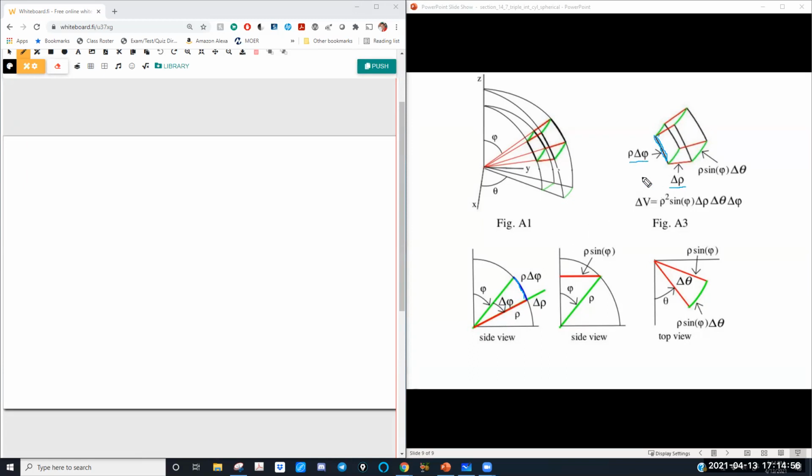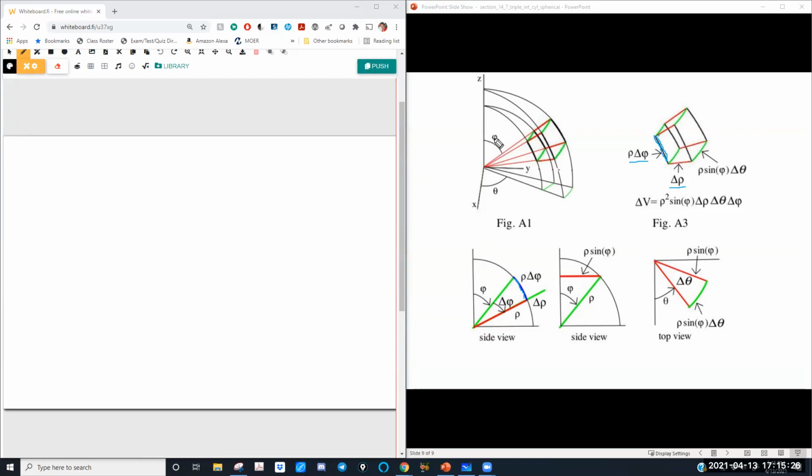So we talked about this guy and this guy. Now let's talk about the green. That's this arc length. Now its angle is in the XY plane. So now we're looking straight down the z-axis. So delta theta is the angle, and the distance here is actually rho sine of phi. All right, this comes from right angle trig.